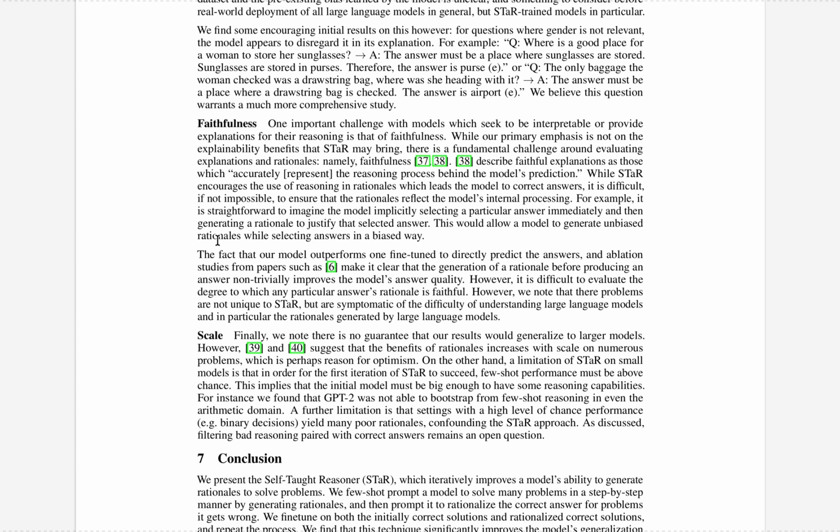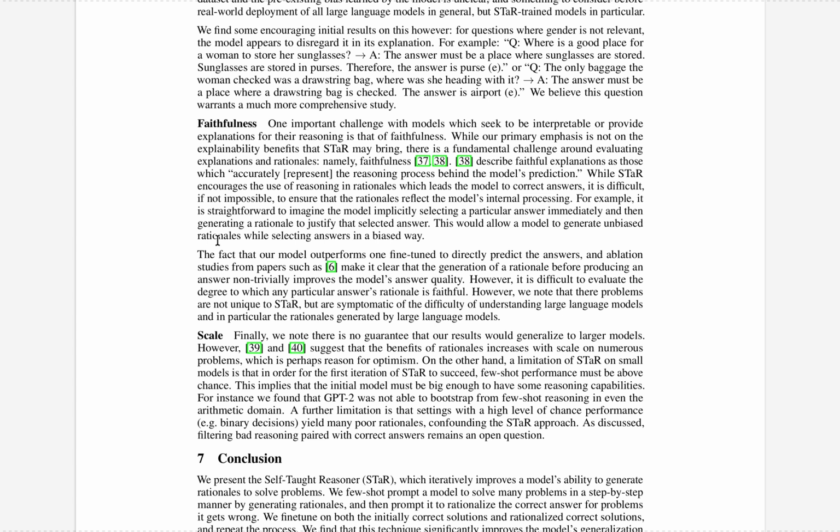While STaR encourages the use of reasoning in rationales, which leads the model to correct answers, it is difficult, if not impossible, to ensure that the rationales reflect the model's internal processing. For example, it is straightforward to imagine the model implicitly selecting a particular answer immediately and then generating a rationale to justify the selected answer.